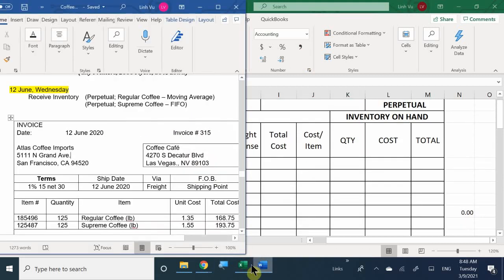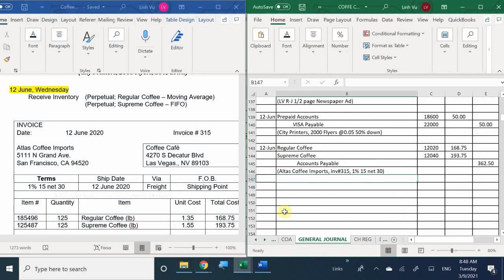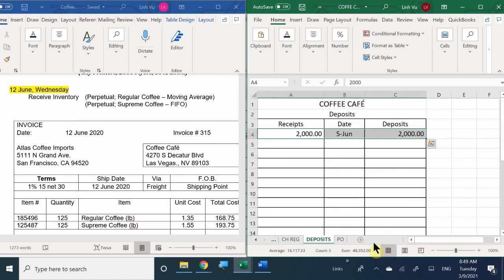So we completed all three things. We completed the journal, we completed the ledger, we completed the subsidiary ledger, and lastly, the fourth item, the inventory worksheet. We've also updated our purchase orders, so we received our inventory. Let's take a look at our purchase orders real quick.